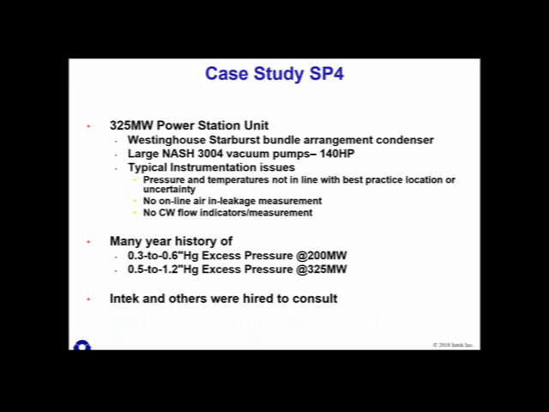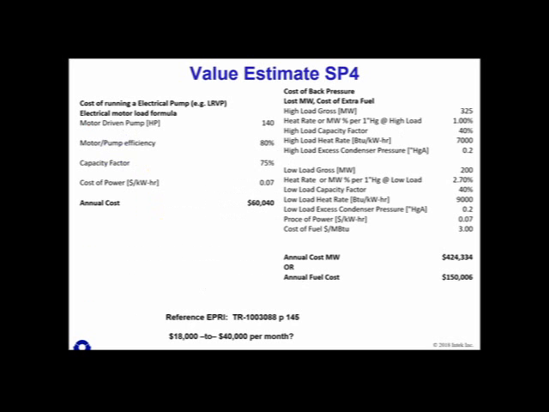Okay, so that's the first case study. I'd like to continue on the case study with this same exact plant, a different time period. We have the same instrumentations installed, but we're solving another part of their problem. So it's the same plant, same value that we're chasing, this excess back pressure, same configuration, different time period.